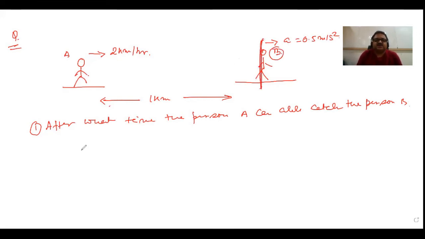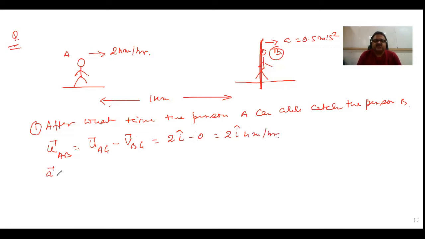So the initial velocity of A with respect to B is velocity of A with respect to ground minus velocity of B with respect to ground. What is A with respect to ground? It is 2 kilometer, means 2 i cap, and this is 0. So 2 i cap kilometer per hour.